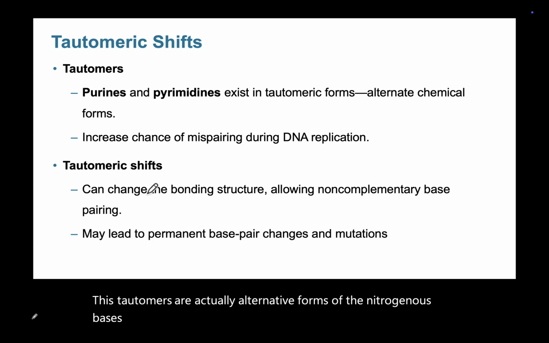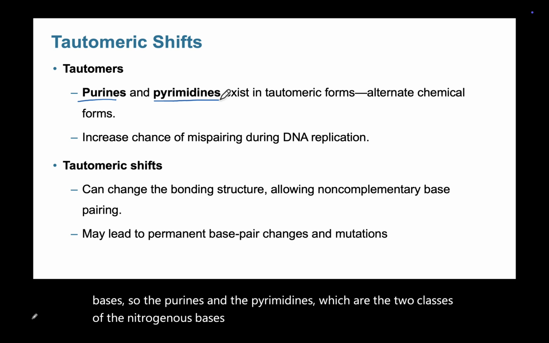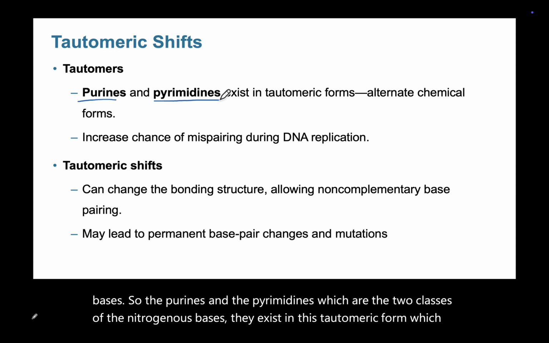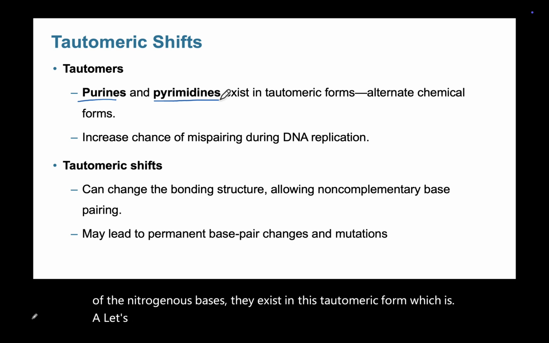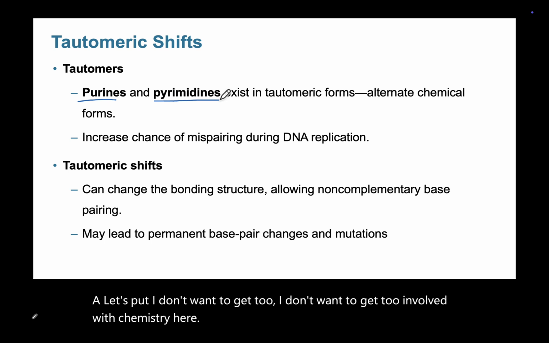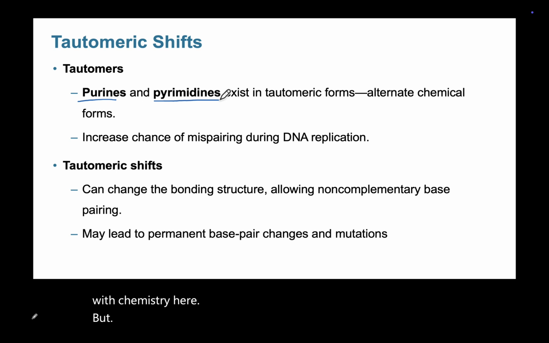So the purines and the pyrimidines, which are the two classes of nitrogenous bases, exist in this tautomeric form. I don't want to get too involved with chemistry here, but they undergo a transient structural isomerization.